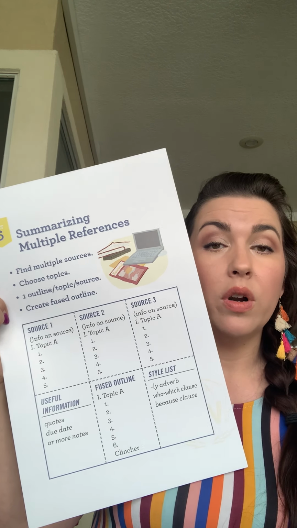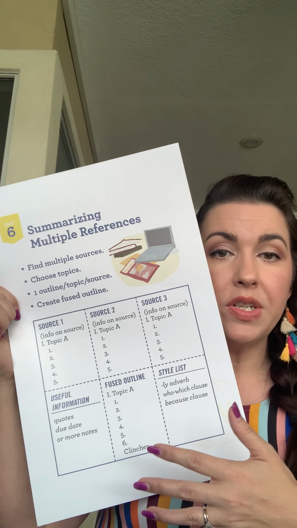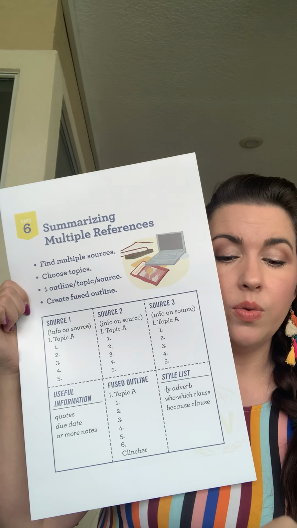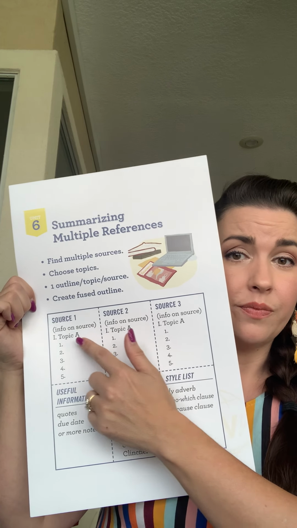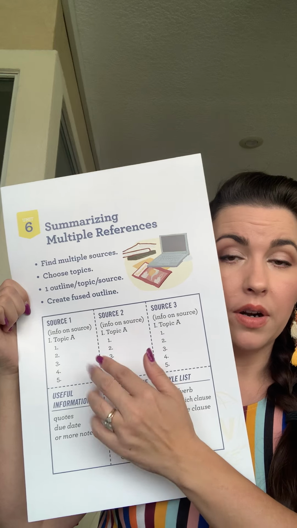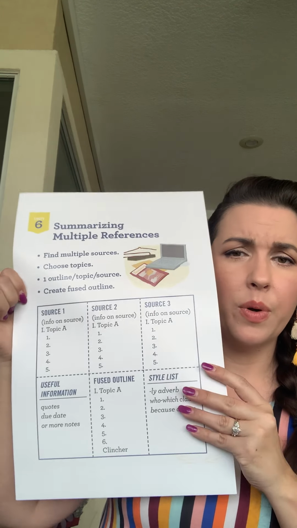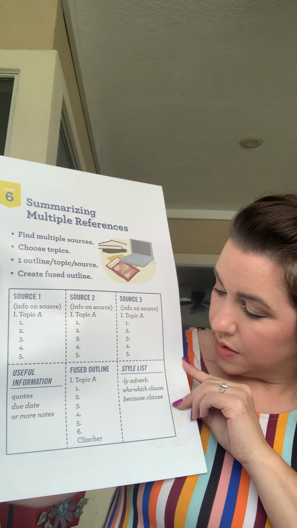If you chose 4 or 5 sources because you needed to find more information, that's fine, but you can still use book 1 or source 1 for topic A, B, and C. All right? So we talked about this at length last class before we went on break, but I just wanted to remind you guys, okay? All right, so that is just the reminder of the way that is set up.